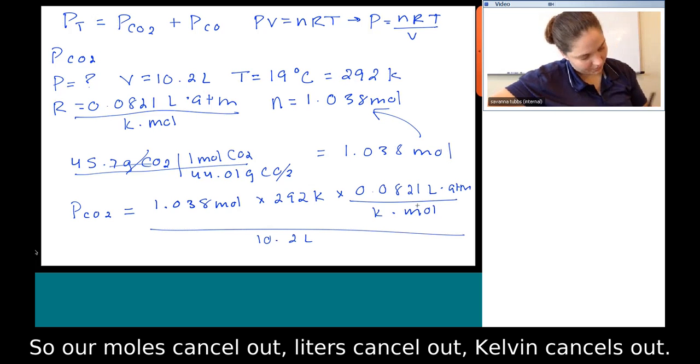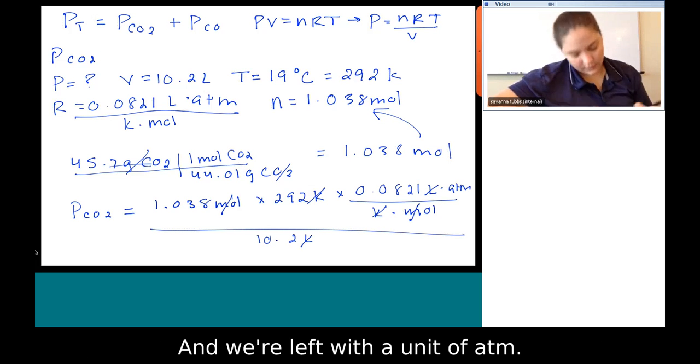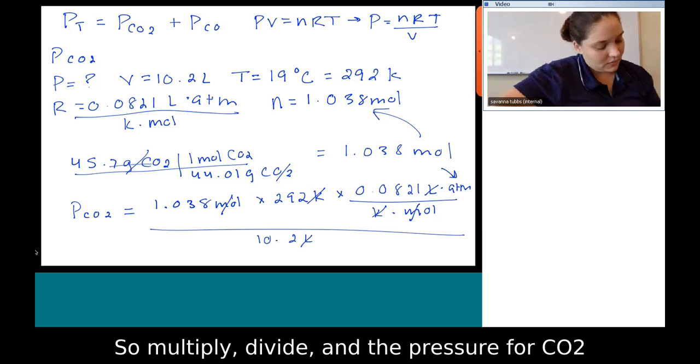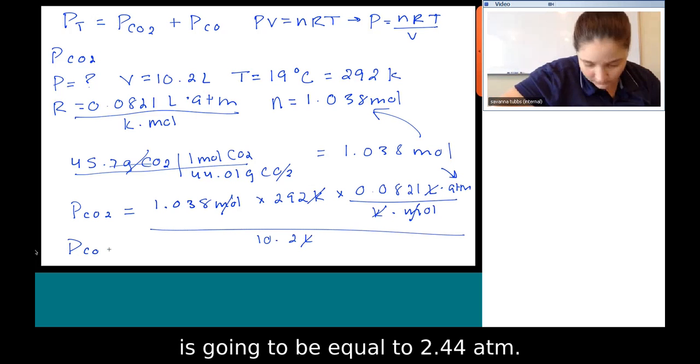So our moles cancel out, liters cancel out, Kelvin cancels out, and we're left with the unit of ATM. We're looking for pressure, so it makes sense. So multiply, divide, and the pressure for CO2 is going to be equal to 2.44 ATM.